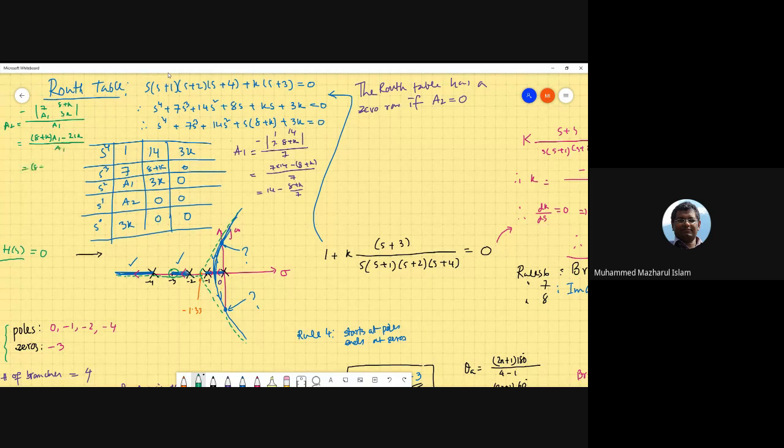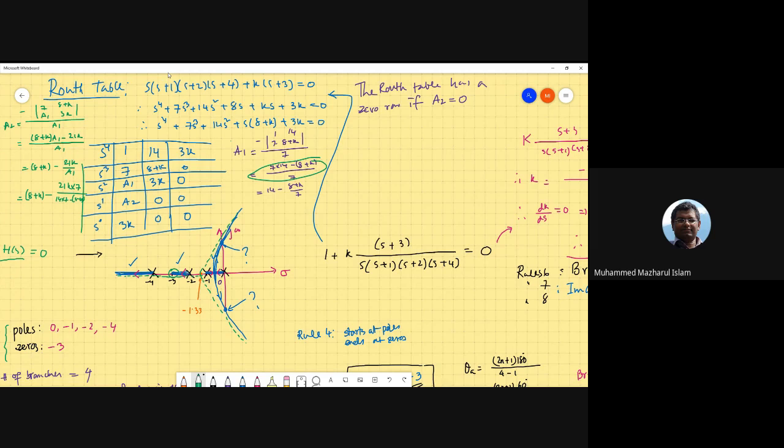So ultimately 8 plus k minus 21k by A1. Of course, A1 is itself quite a complex figure, so you can use this one. A1 is 14 into 7 minus 8 plus k divided by 7, so that 7 will go to the top.